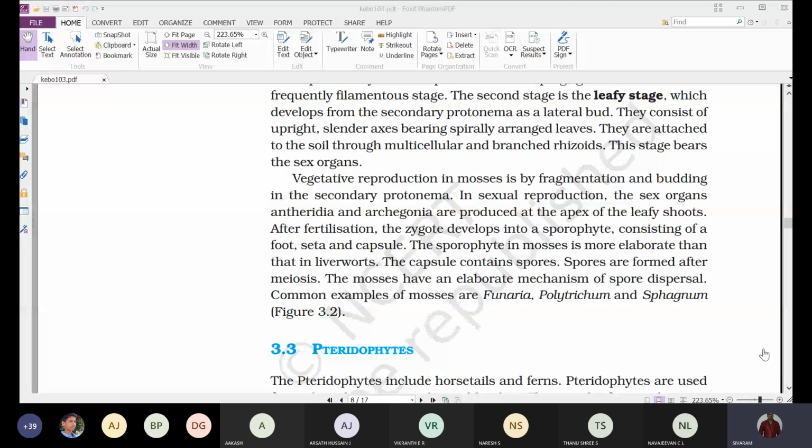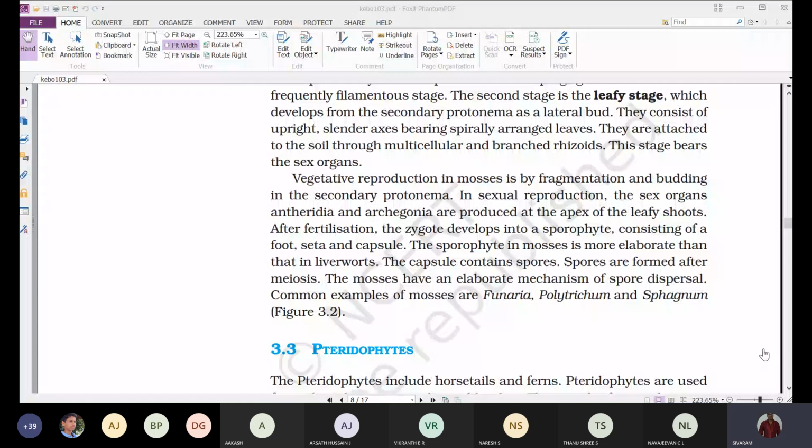And these spores, when the conditions are favorable, the capsule opens and releases the spores outside. So some elaborate mechanism is observed in mosses for spore dispersal.